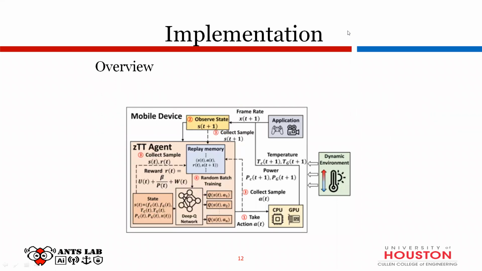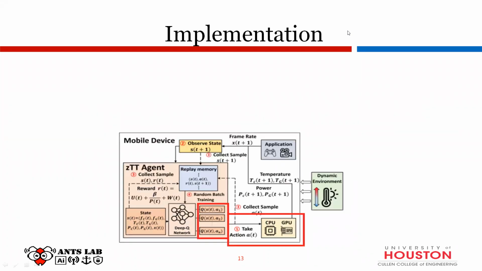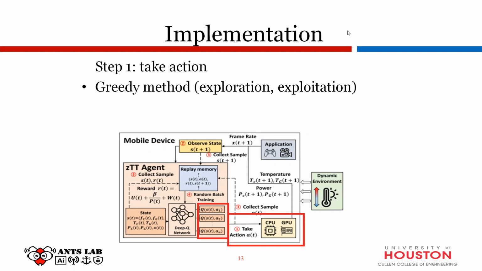So now we're at the implementation, and we have an overview of how this all works. Step 1 is to take an action. To take an action, we use the greedy method, where you would either go for exploration or exploitation.